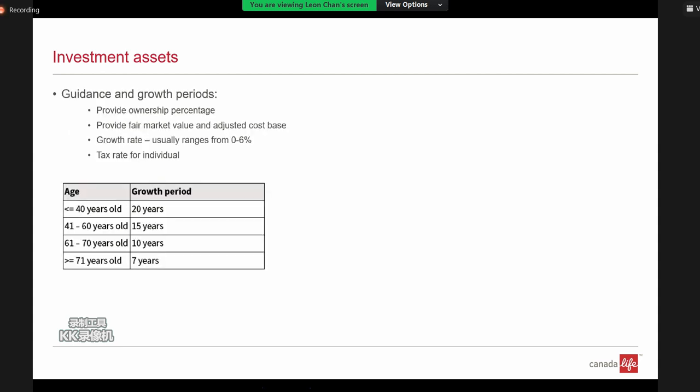Very quickly, once again, we'll cover this a little bit more in our financial underwriting accelerator tool, but for assets like that, investment assets, rental properties, things like that, we're looking at potential growth, growth in number of years as well as rates, right? So our guidelines usually range from 0% to 6%.